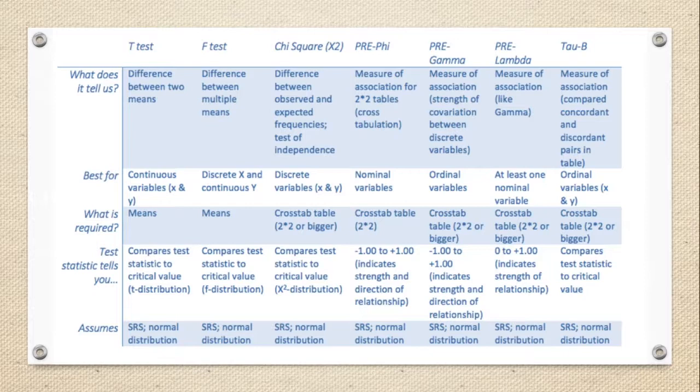The gamma test will be very similar to the previous test we just talked about. Again, -1 to 1, indicating strength and direction of the relationship. Lambda, on the other hand, provides an indication of the strength of relationship between the two variables without indicating whether or not they are positive or negative. Okay.